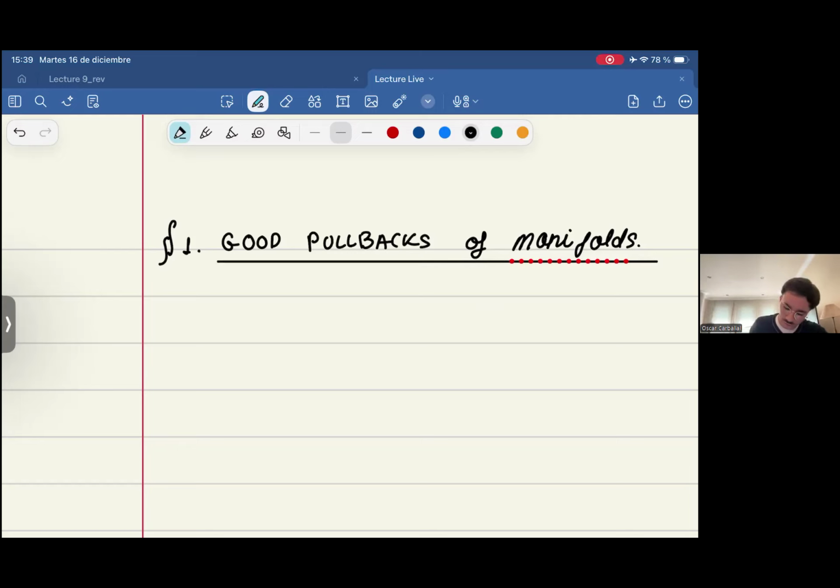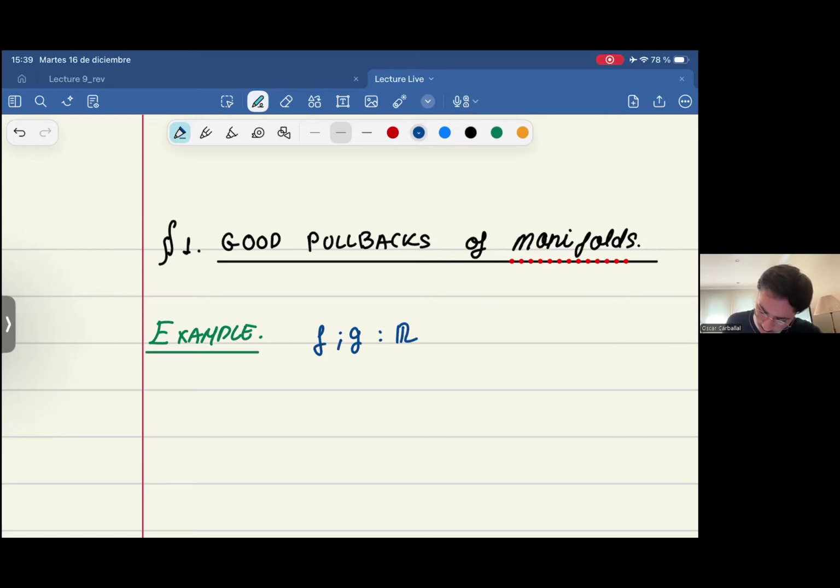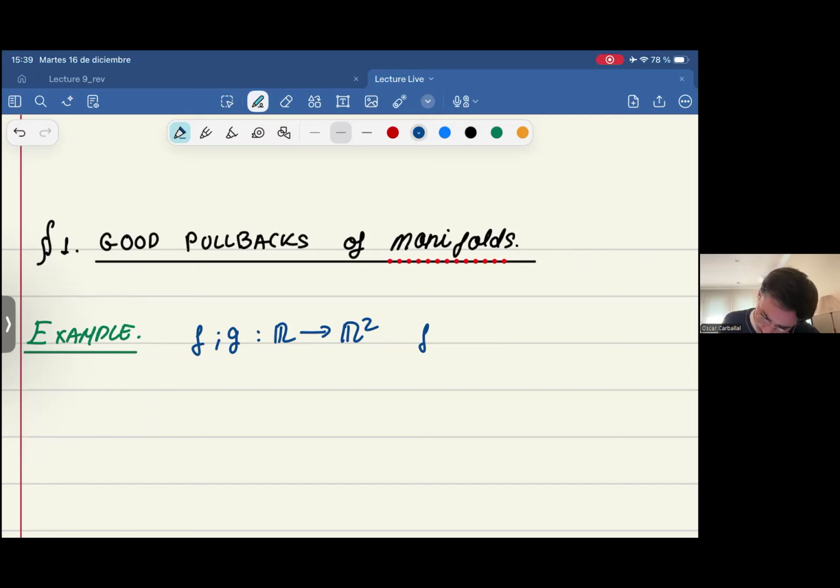Well, first of all, let us consider the following example. Consider these two smooth maps, f and g, which are defined from R to R². These are curves. f is just a line, and g(t) is this.